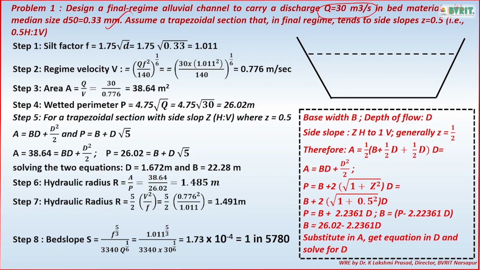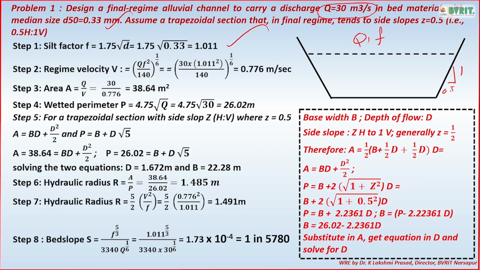Assume a trapezoidal section in fine regime with side slopes Z 0.5 to 1. That is what he has given. So first thing is what you need to find out. What you require generally to solve any problem is Q and F. Instead of F, what he has given is the diameter of the particle. So the first step is to find out the silt factor.